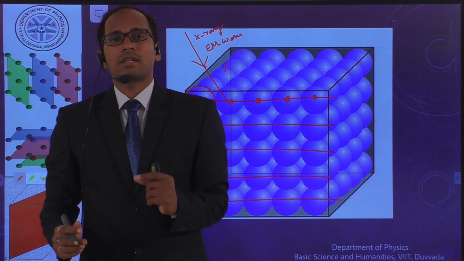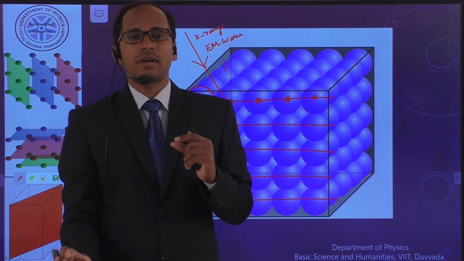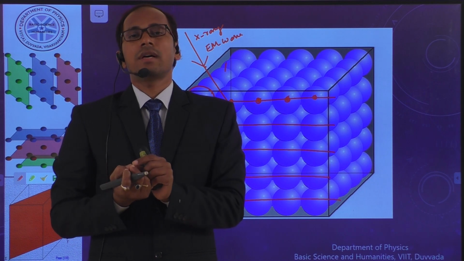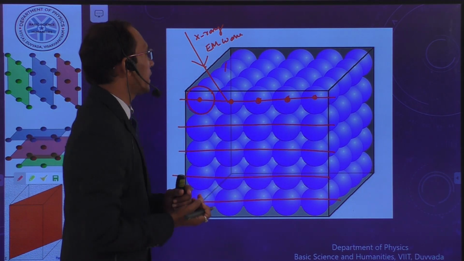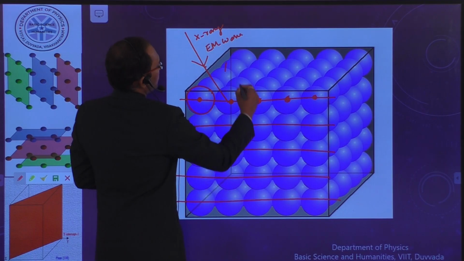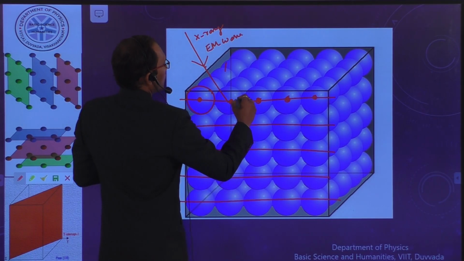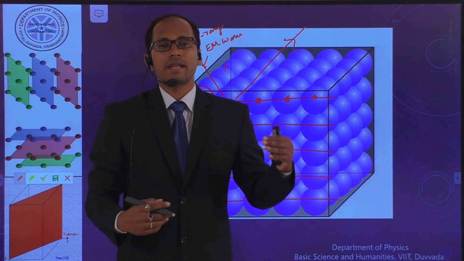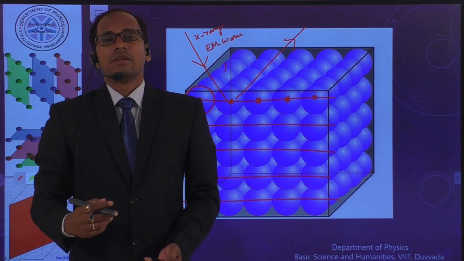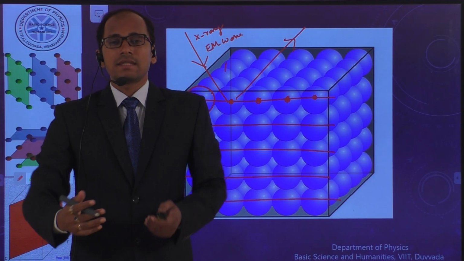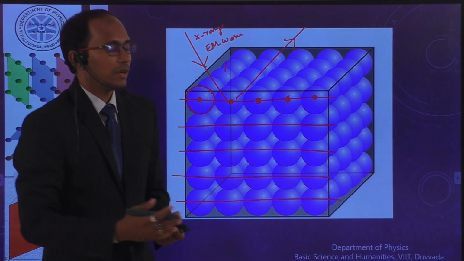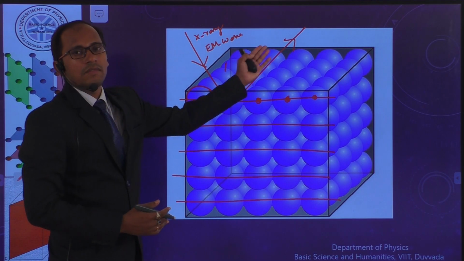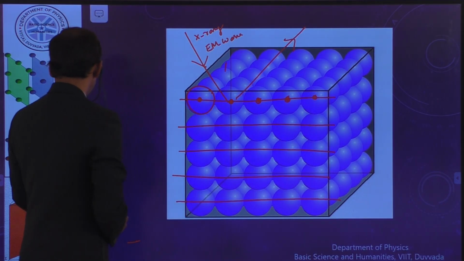This electric field interacts with the negatively charged electrons in the atoms. Then scattering takes place from this plane, and the X-rays get scattered. So we can easily understand that whenever radiation is incident on an atomic plane, scattering always takes place.